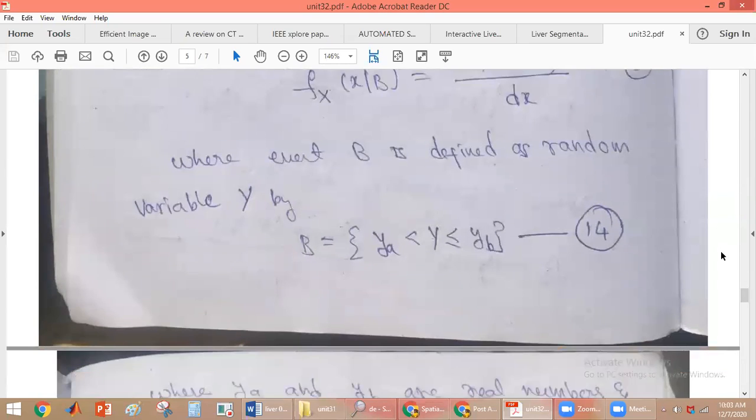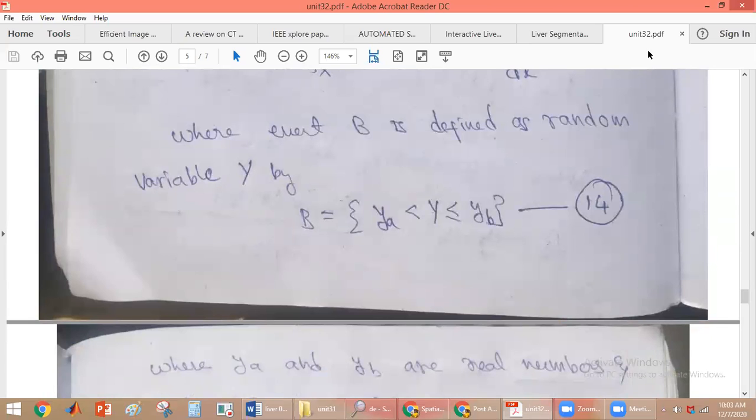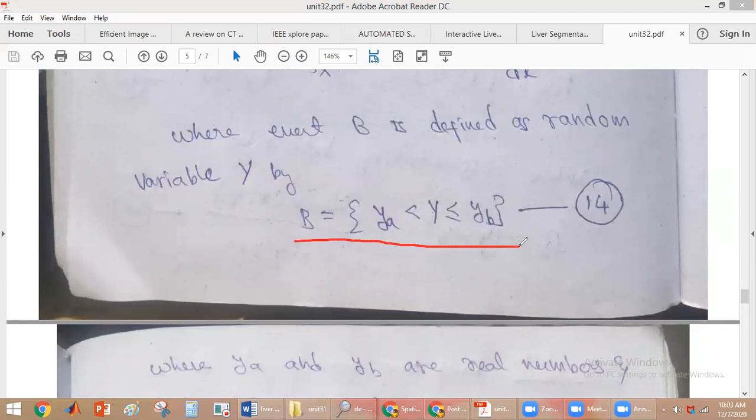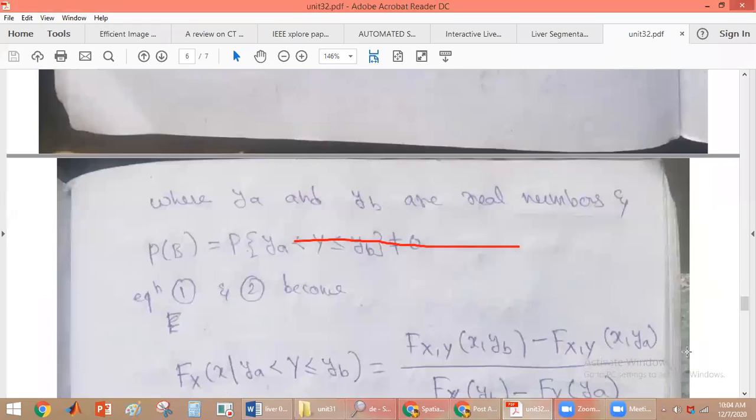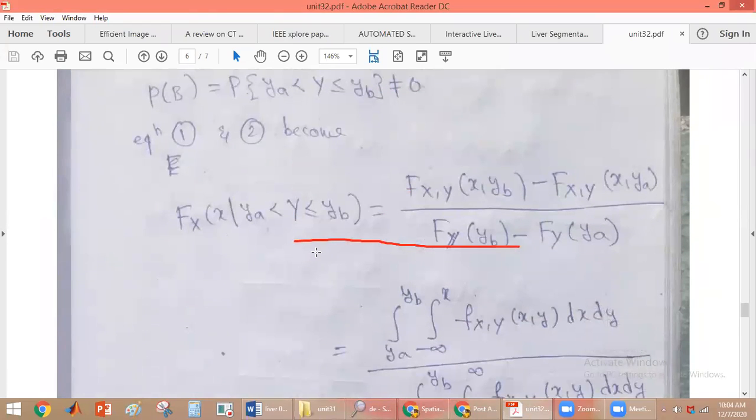Just now we have discussed that Y is called the conditioning event. Here we are taking some interval for Y. So what is the interval for Y? Y will be having the value ya less than Y less than or equal to yb. Now what is the equation of the distribution function?